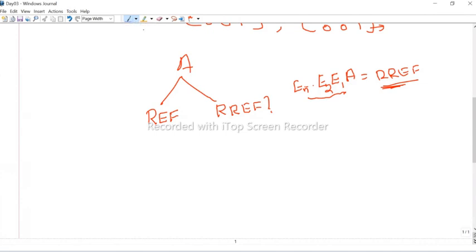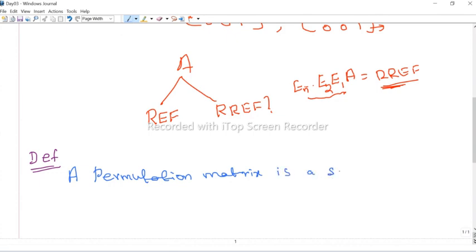Permutation matrices are always square matrices. Definition: a permutation matrix is a square matrix obtained from the identity matrix.